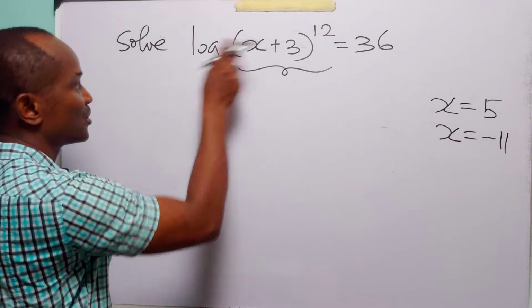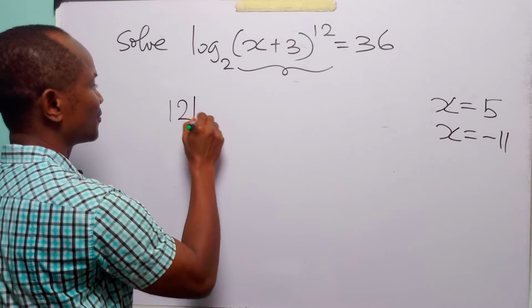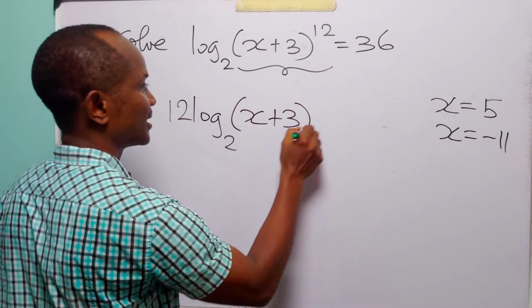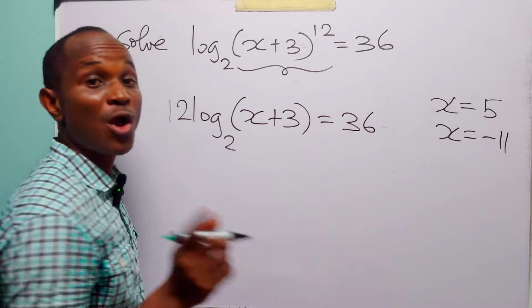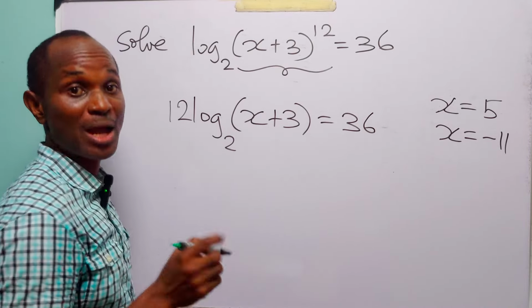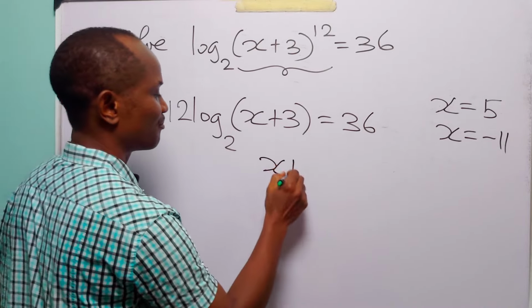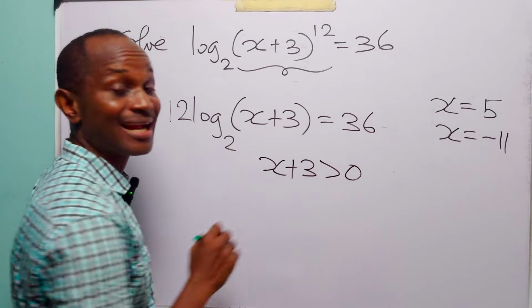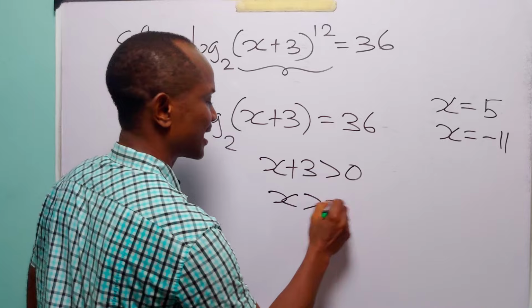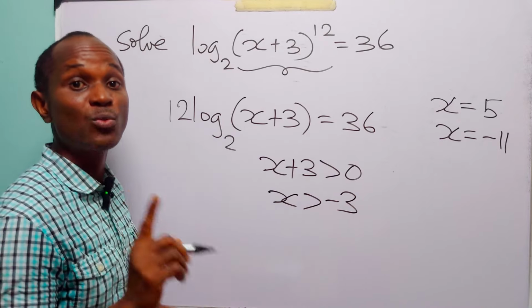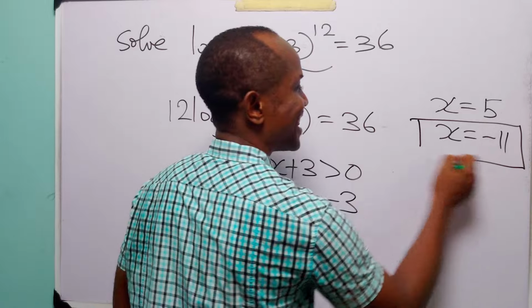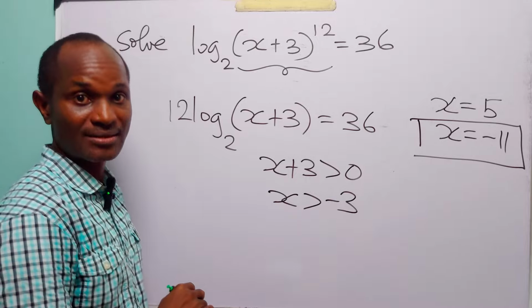So when I rewrote this equation as 12 times log base 2 of x plus 3 is equal to 36, what I did was I expanded the restrictions on this term to x plus 3 must be greater than 0. And from here, we have that x must be greater than minus 3. And that was how we lost the root of this equation that is less than minus 3.